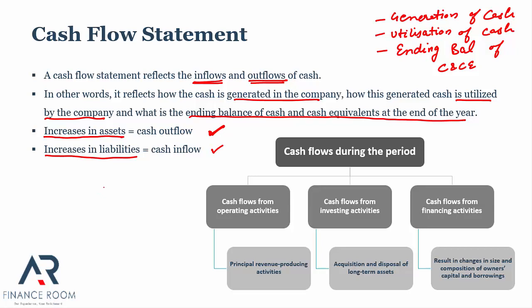Because let's take an example here, year 1 and year 2. Let's say your inventories in year 1 were 100, in year 2 it becomes 120. So this change of 20 is your outflow. How?